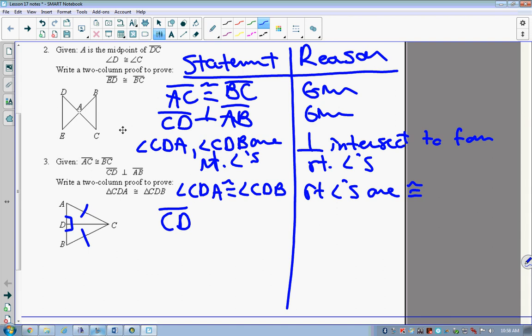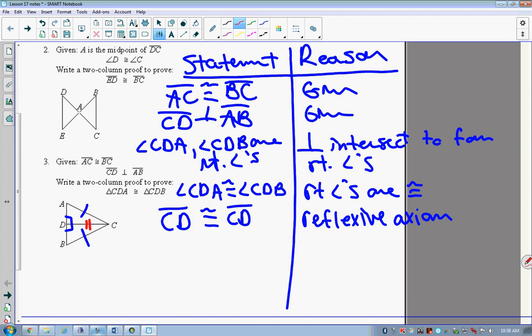There you go. CD is congruent to CD through the reflexive axiom. Good. There's maybe a more official way of saying it. Okay. All right, so that allows me to go in here and do that.